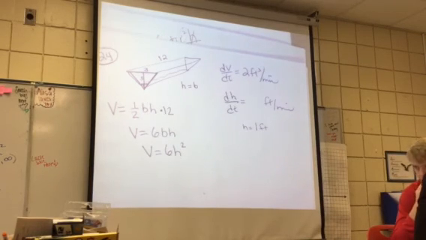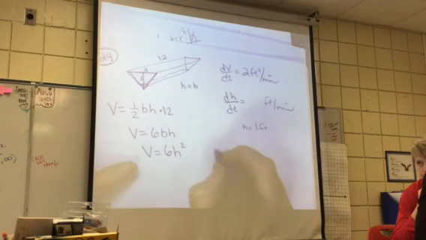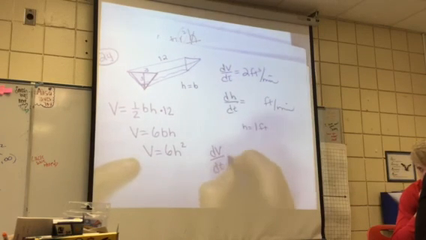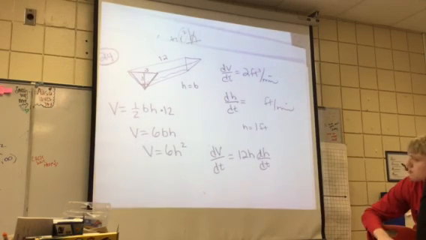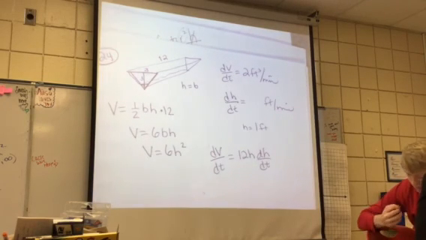Okay, so now you'll take your derivative. dV/dt is 12h dH/dt. And then you can plug in the values that you know.